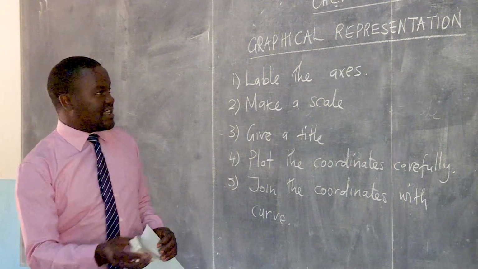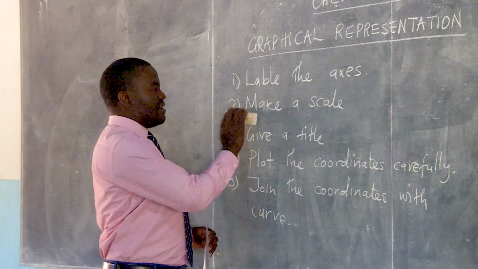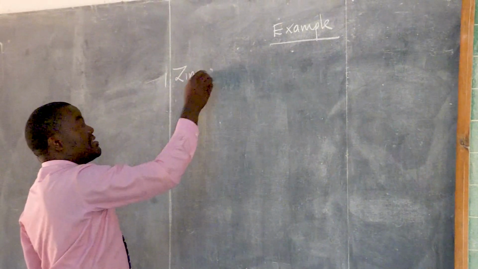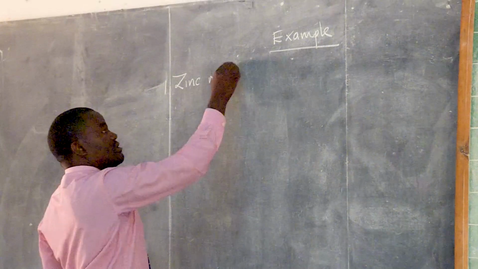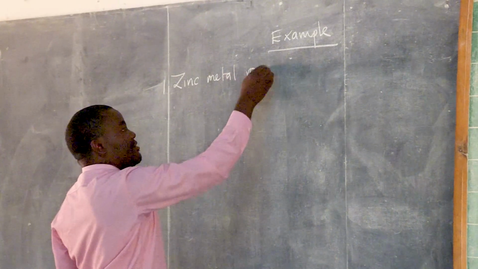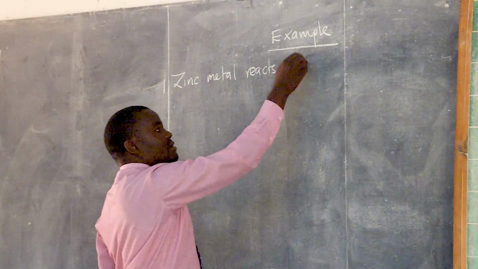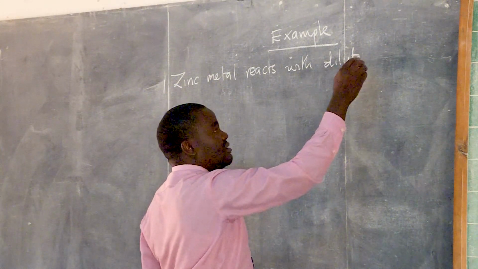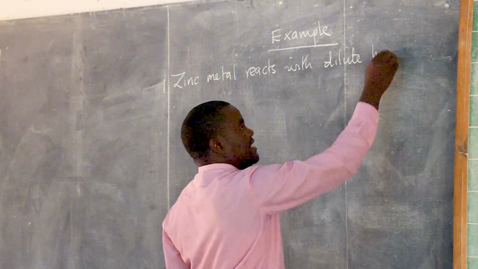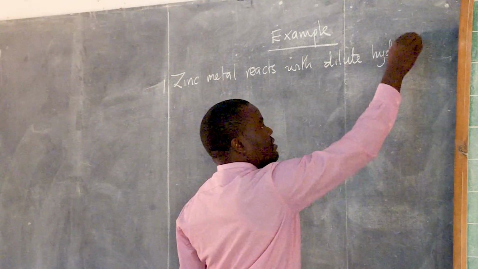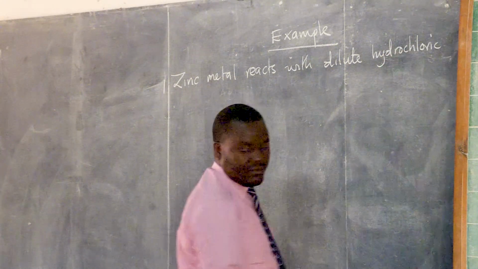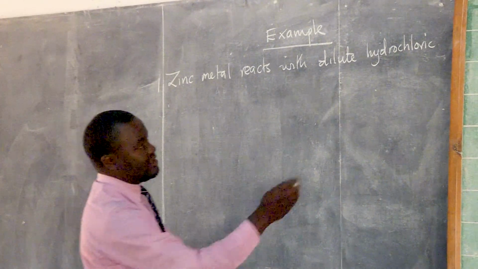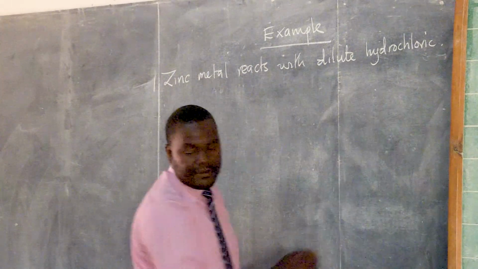So we can take this example. Example number 1: zinc metal reacts with dilute hydrochloric acid.